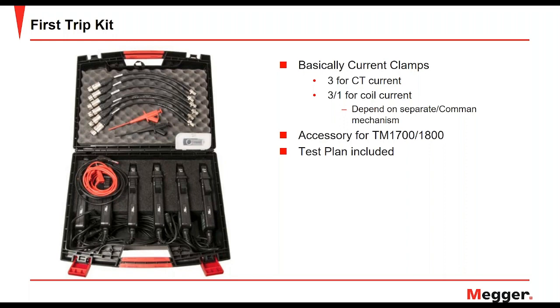For your trip and close coil, you can connect a coil current clamp. So you have either 6 clamps or 4 clamps, 3 being for the CT and 1 or 3 being for the coil measurement. And it has its own test plan specifically for the TM1700 or 1800.